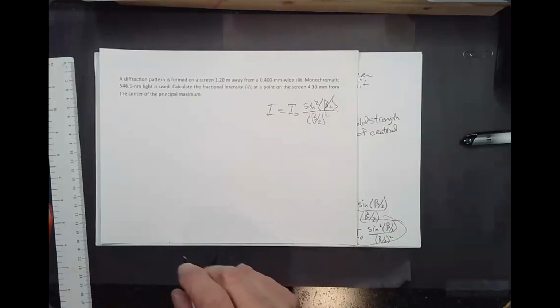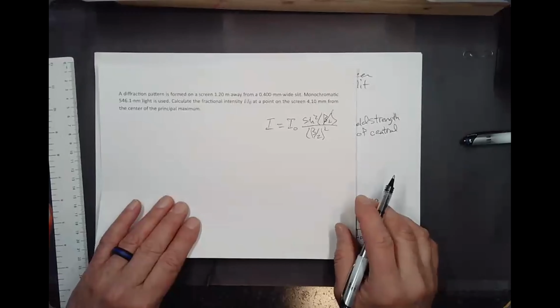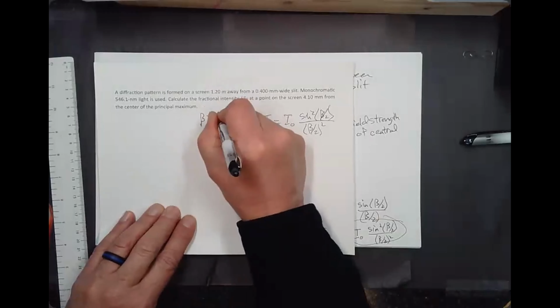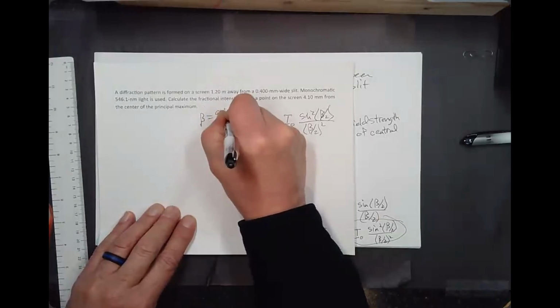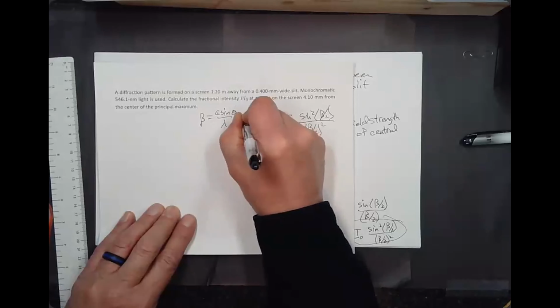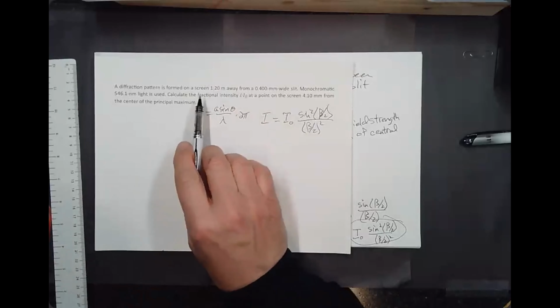Okay, now remember where beta came from. It's equal to a sine theta over lambda times 2 pi. So let's just remind ourselves of that. A diffraction pattern formed on a screen 1.20 meters away from a 0.400 millimeter wide slit.